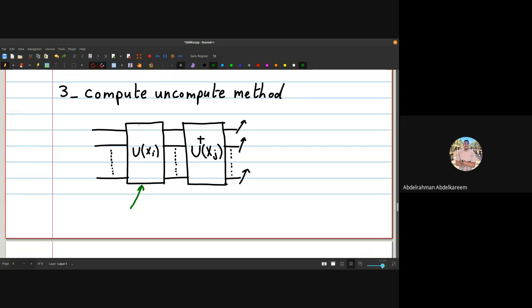Any encoding technique, basis, angle, amplitude, Z feature map, any encoding, on one data point, and then we apply the adjoint, or the dagger, or the inverse. This is all the same encoding for the second data point that I want to take the inner product with. In this case, we only need two encodings.